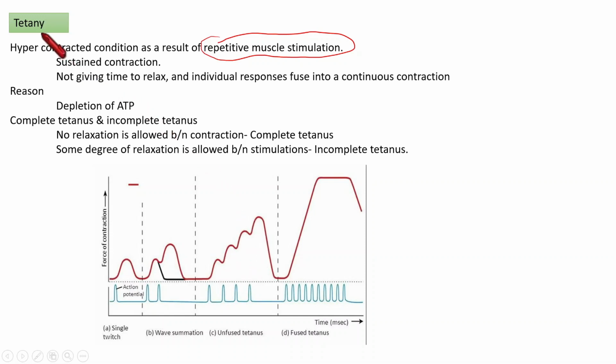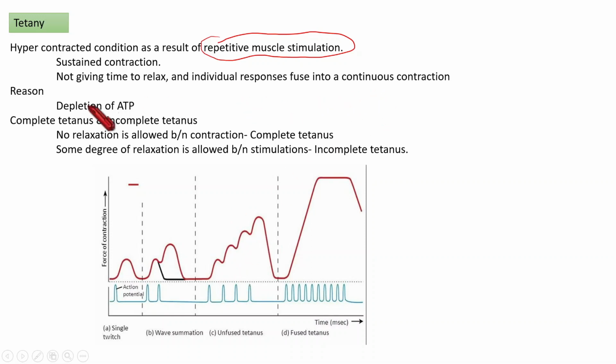So that is the condition of tetany. Hypercontracted condition as a result of repetitive muscle stimulation. It is a sustained contraction. And in that situation, the muscle is not getting enough time to completely relax, and the individual responses fuse to give a continuous contraction.